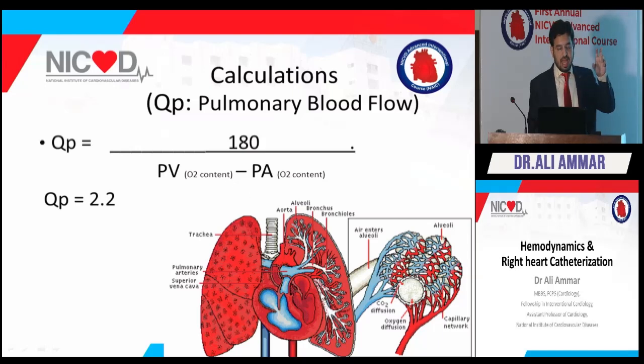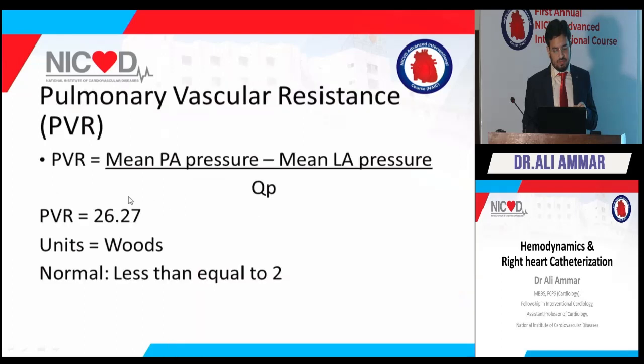What is the pulmonary bed? It is from the LA, or the pulmonary venous oxygen content, to the pulmonary artery. We will subtract the pulmonary artery from the pulmonary vein to calculate this pulmonary blood flow. So here it was 2.2.